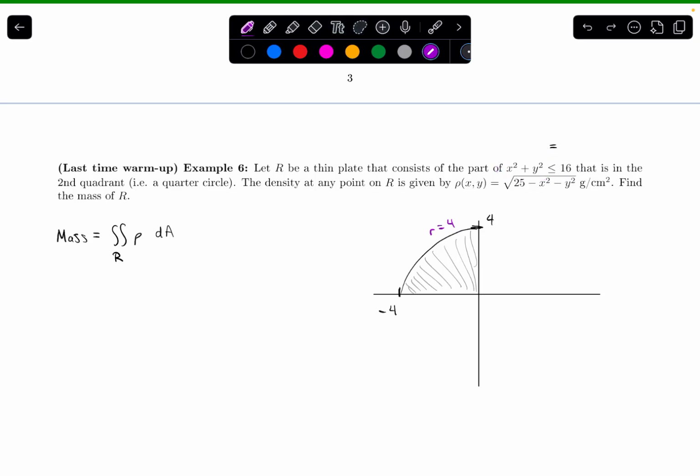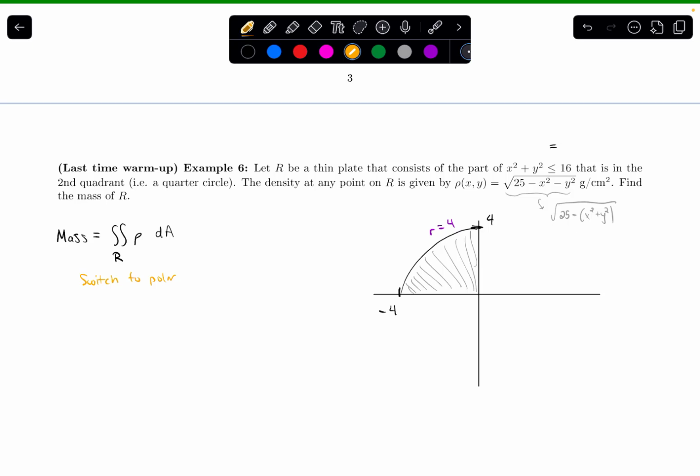The other tip-off to switch to polar, so I am going to switch to polar, is that my function also becomes simpler if I plug in polar coordinates. I noticed that this is the square root of 25 minus something; I can factor out a negative and get x squared plus y squared.